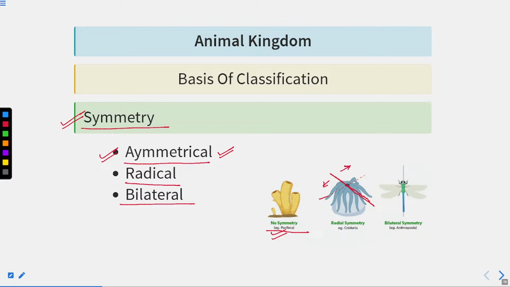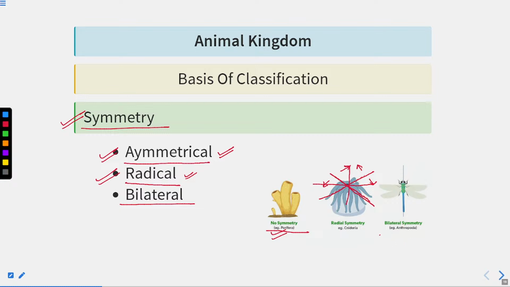And again I have one more symmetry line which can cut or divide the organism into two equal halves like this, then it is radial symmetry. Similarly, I have a number of lines that can divide the organism into two equal halves, right? Then it is called radial symmetry.